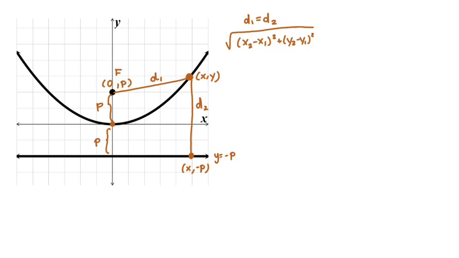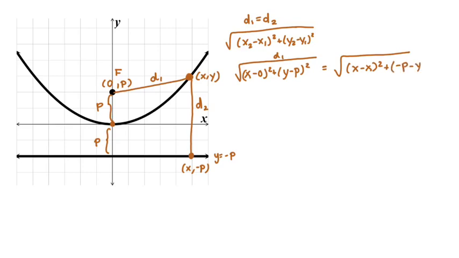All right, so here we go. On the left-hand side, we've got the square root of (x minus 0) squared plus (y minus p) squared. That was distance 1. That is equal to the square root of (x minus x) squared plus (negative p minus y) squared. That represents distance 2. What happens when I clean things up?